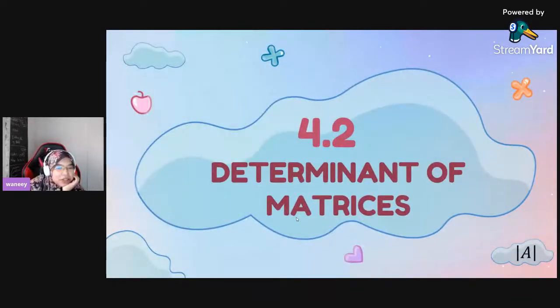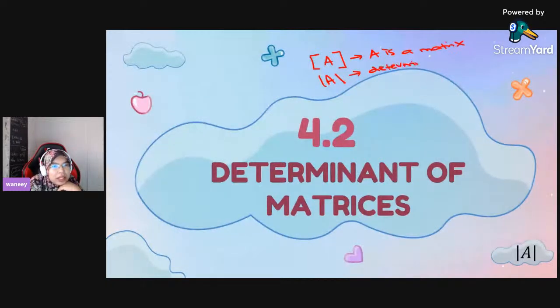Determinant of matrices. Firstly, I should remind you about how to write down the determinant. If you write down A with a square bracket like this, it simply means that A is a matrix, or you just want to say that this is matrix A. But if you use this kind of modulus, that means you are calculating the determinant of A. Those are two different things.